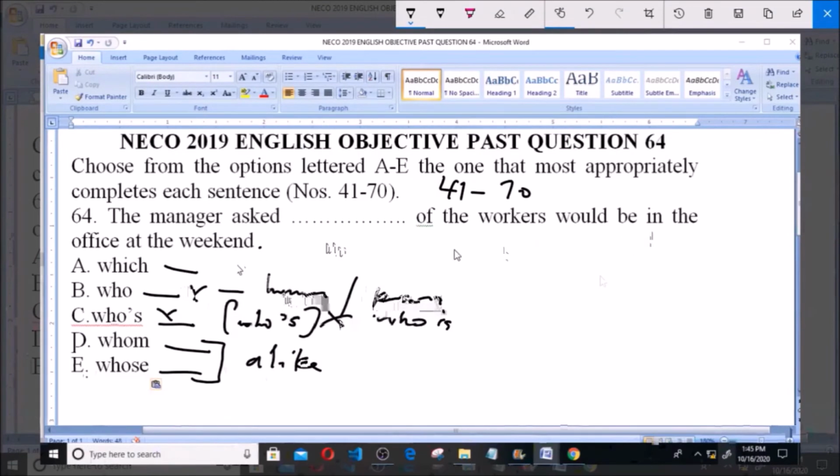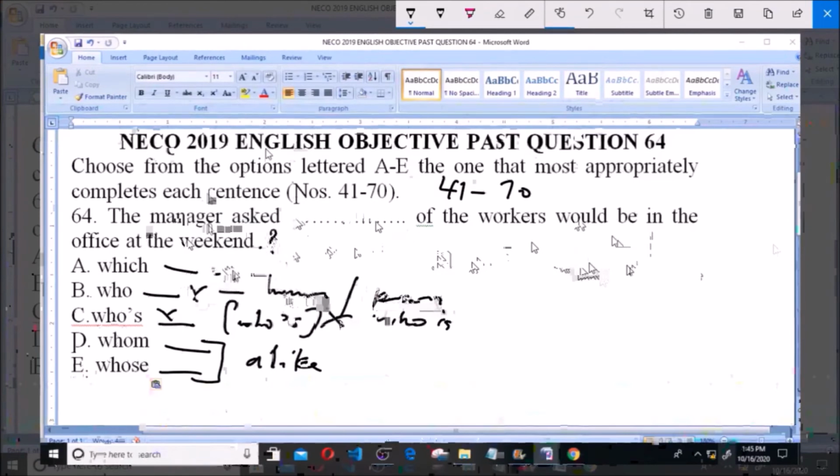No. So the correct word here is which, because the manager is only trying to find out that the manager asked which of the workers will be in the office at the weekend, not who of the workers. So option A is correct.